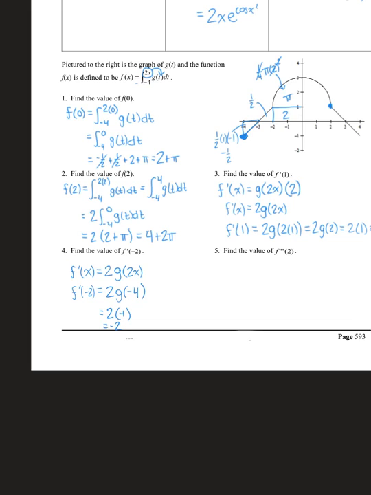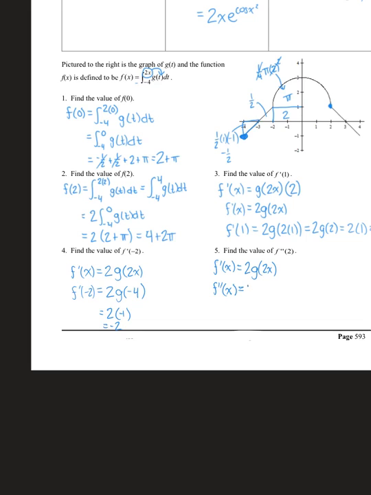So find the value of f double prime of 2. If we have f prime of x, we need to find f double prime of x. This is where chain rule happens. You have this outer function g and the inner function, which is 2x.